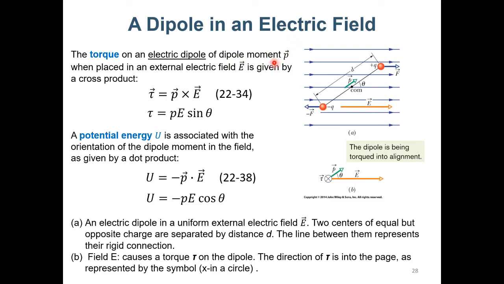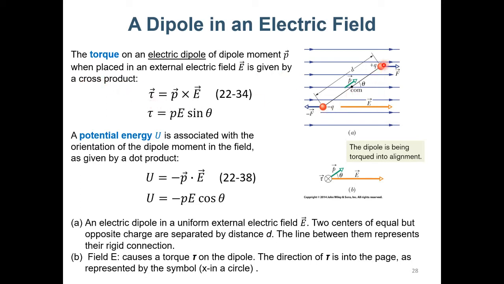And P is a vector. The direction is from the negative charge to the positive charge, this direction in this green arrow. When placed in an external E field, the torque is given by a cross product.